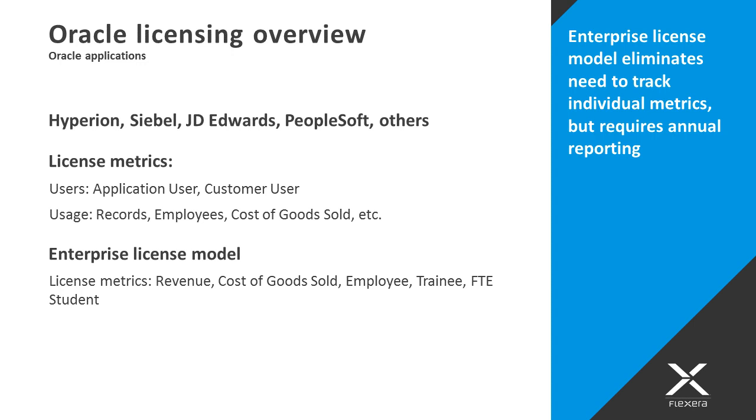There are 5 metrics that Oracle has, and the revenue, cost of goods sold, employee, trainee, and full-time student. Those allow you to pay based on that metric, and you don't have to track individual users or any other type of usage because you have the enterprise license model.